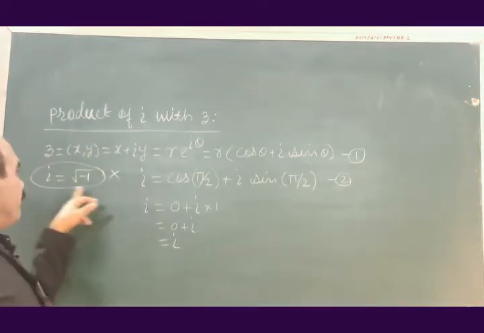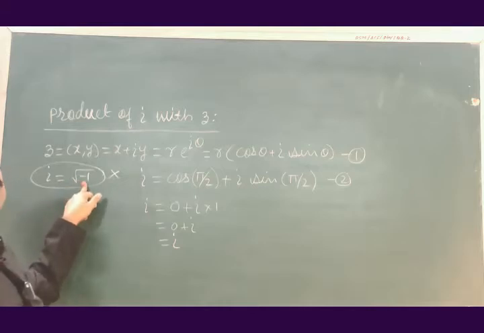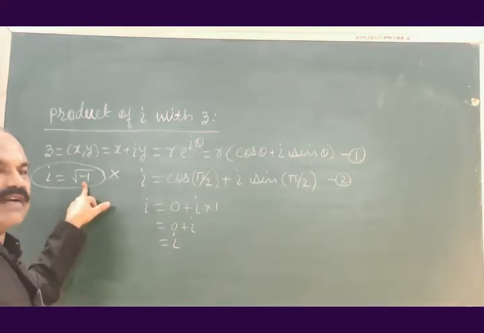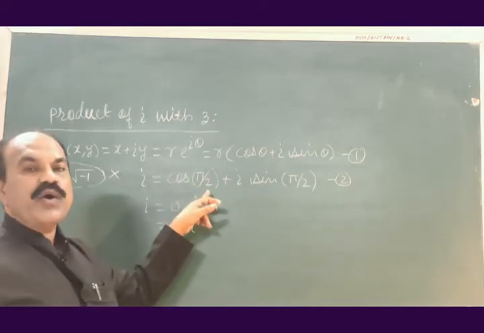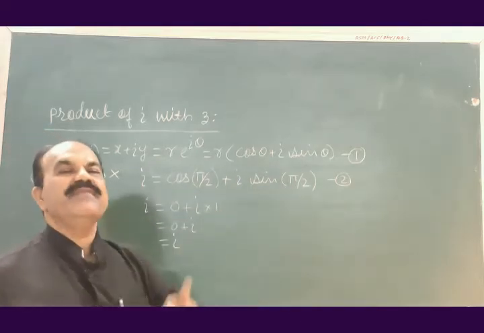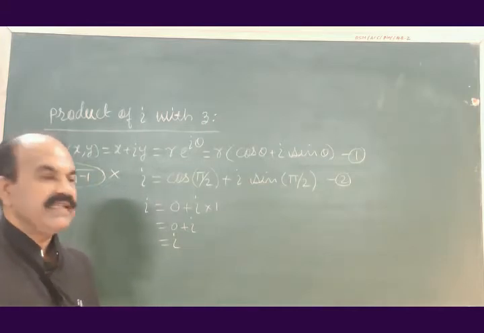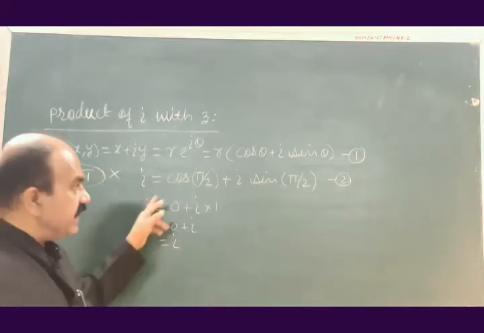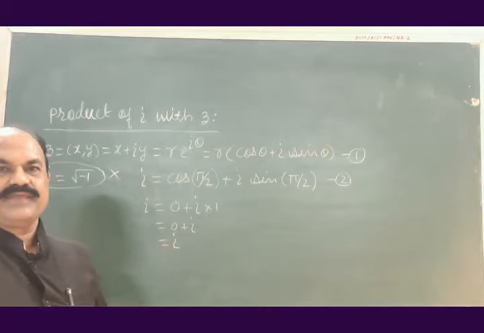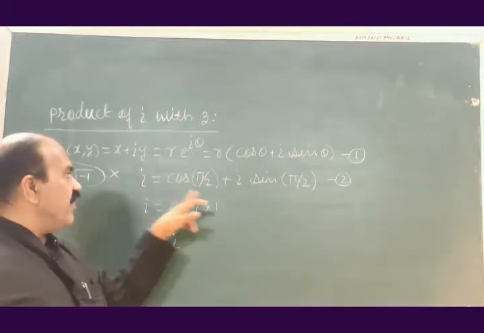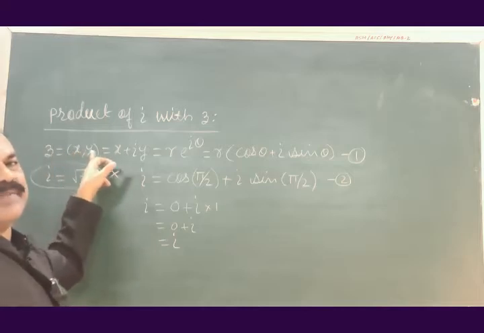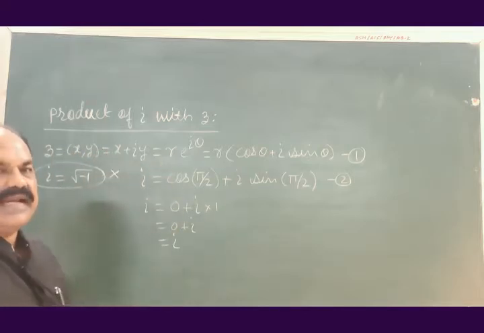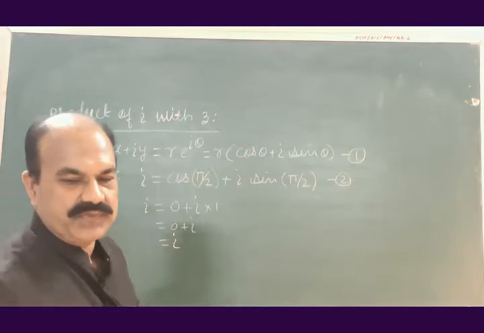i, which is generally given by square root of minus 1, in equation 2 is given by cos pi by 2 plus i sin pi by 2, and it is correct. So let us use this form of i and this complex number z and get the product of these two.